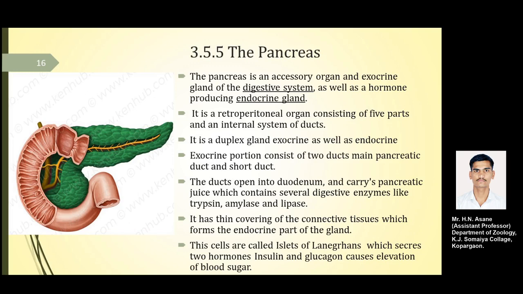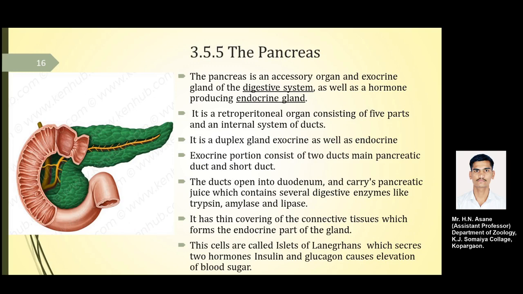The exocrine portion consists of two ducts, the main pancreatic duct and a second, shorter duct. The ducts open into the duodenum and carry the pancreatic juice, which contains several digestive enzymes like trypsin, amylase and lipases.